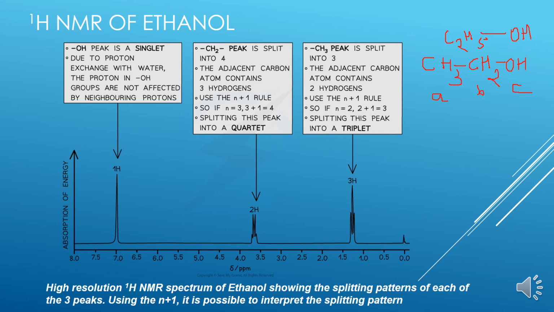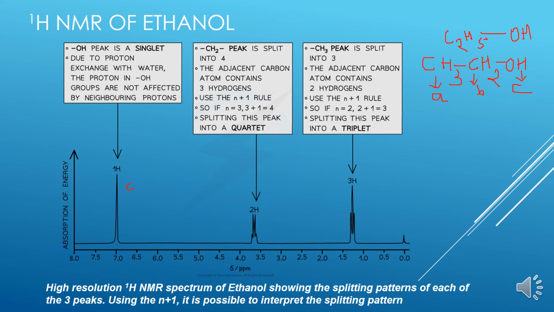There will be three different types of protons. One is methyl protons. This B is labeled for methylene protons. This is the OH group protons, the hydroxyl group protons.